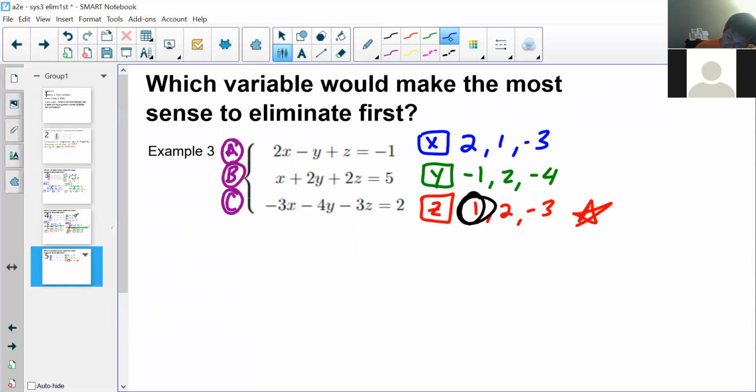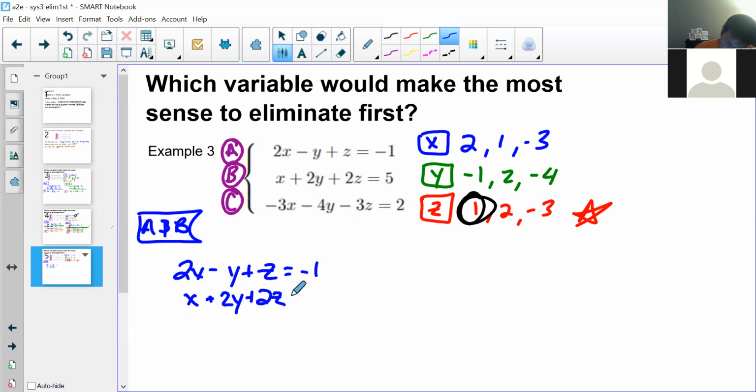So let me go ahead and write this down. Equation A, I'm going to use A and B here. We got 2x minus y plus z is equal to -1. And I'm going to do B, which is x plus 2y plus 2z is equal to 5.